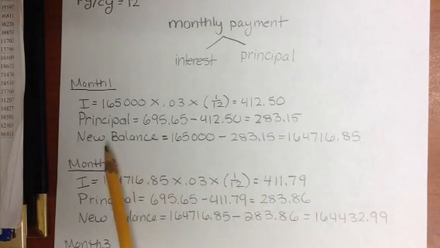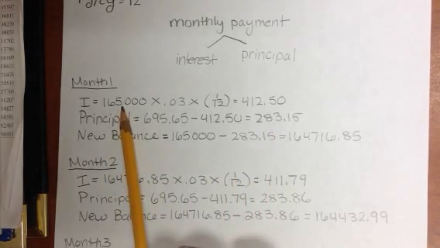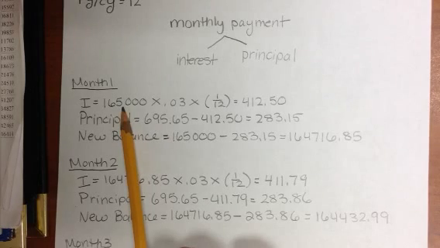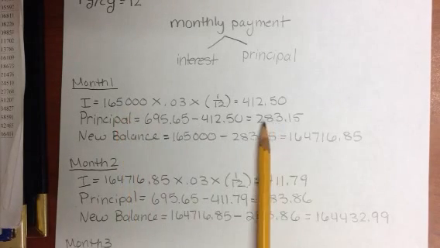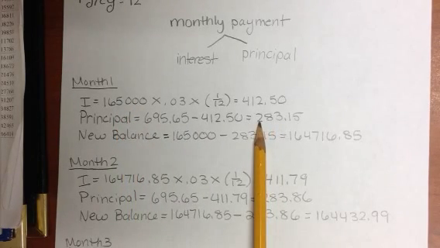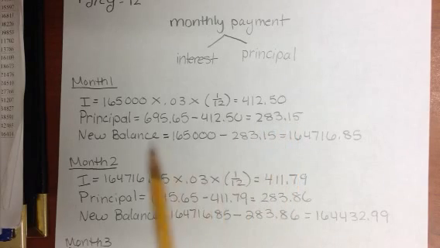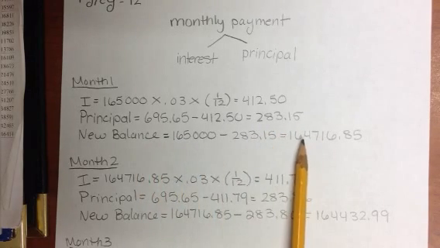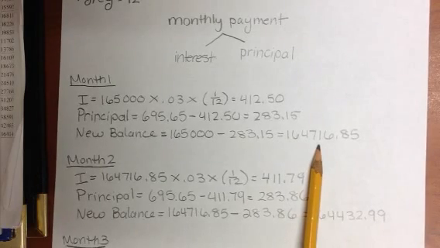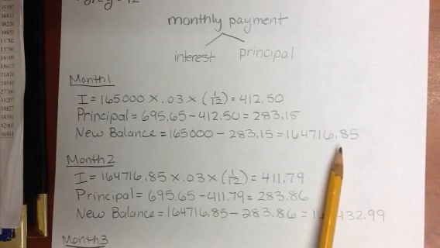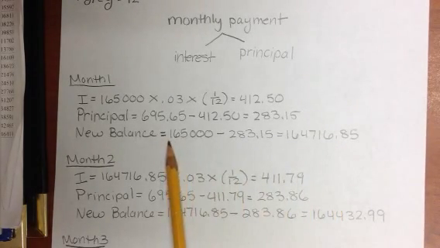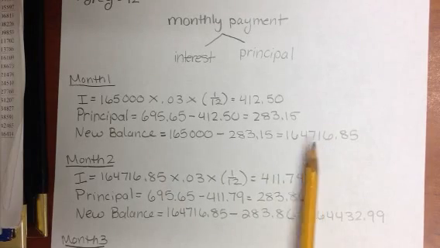Then, to find my new balance, I take my current balance, which right now is the $165,000, and I subtract off what went towards the principal, which is $283.15. So when I subtract that, I get $164,716.85. So that means at the end of the month, this is my new mortgage balance because I knocked off $283.15.